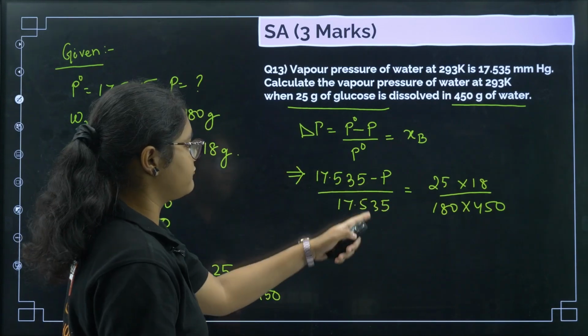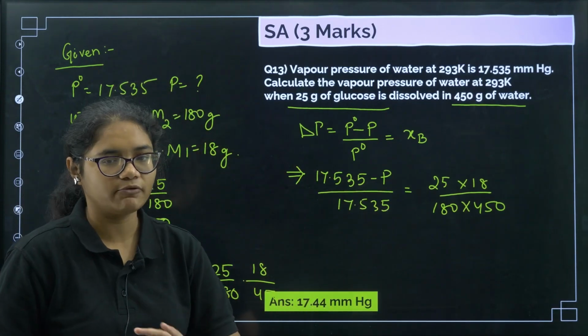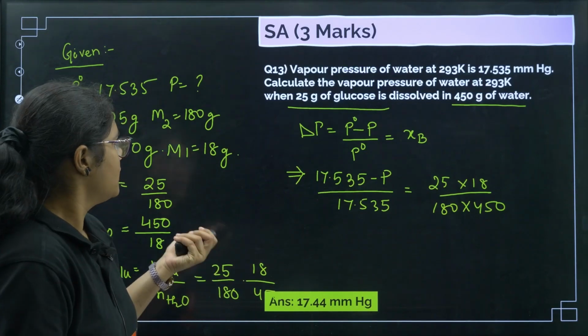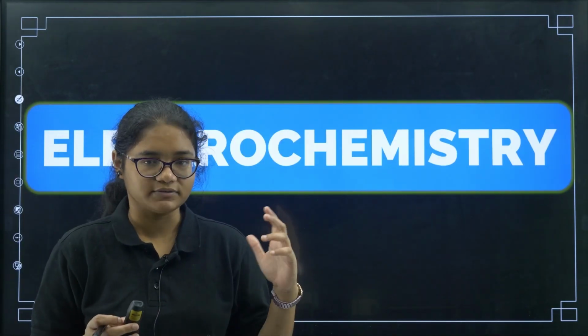Now solve this and find the value of P. You will be getting around 17.44 mm of Hg. Okay, clear? Fine. So with this we have practiced a lot of questions from the solutions chapter.